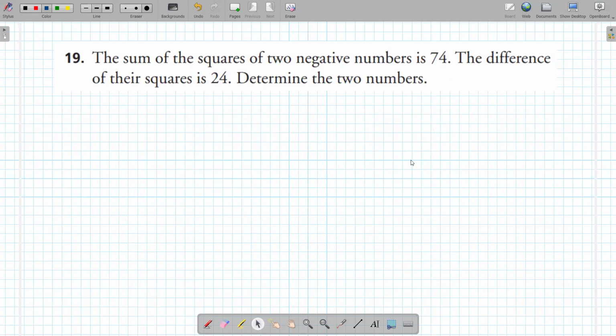Try this one. The sum of the squares of two negative numbers is 74. The difference of their squares is 24. Find the two numbers.